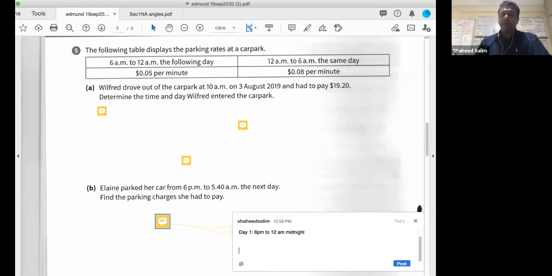Then you have another rate. Day two. Why day two? Because after 12 midnight is the next day already. So after midnight, we start from 12 a.m., 12 midnight, to where she left at 5:40 a.m. So you count now how many hours, how many minutes.